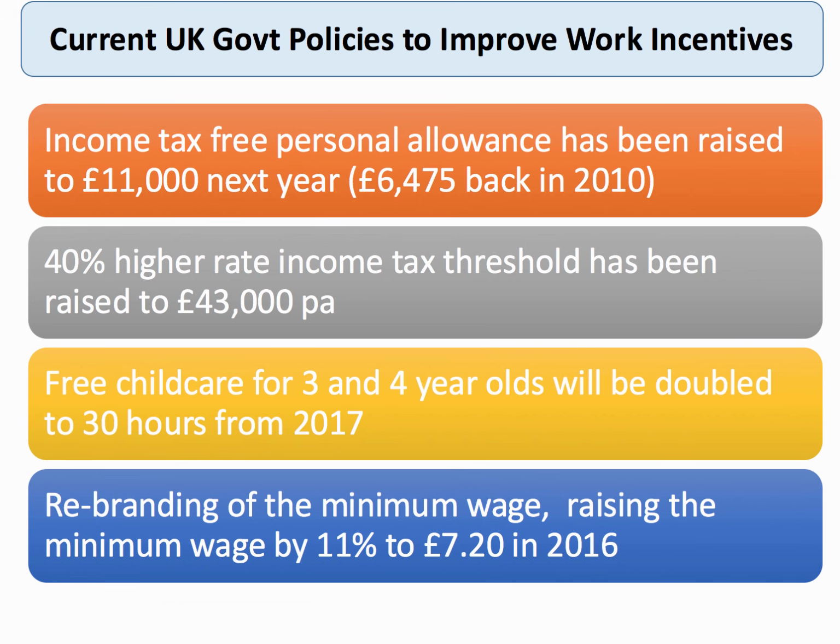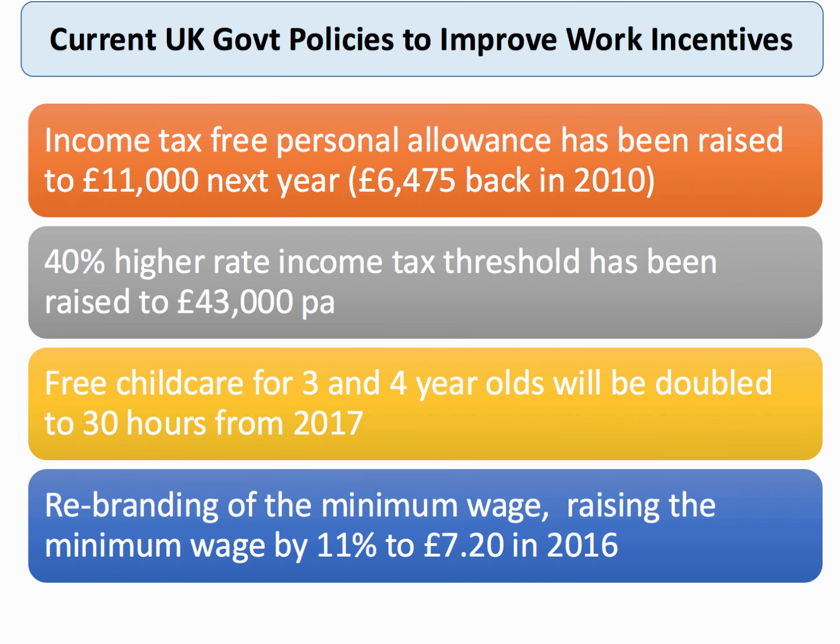UK government has a range of policies designed to try and improve work incentives. One of the aims of supply side policies is to increase the active labour supply. So they have increased the income tax personal allowance to £11,000. I think it raises a bit further, even to £11,600 in 2017. They've increased the higher rate income tax threshold. Crucially, they've increased the amount of free childcare for 3 and 4 year olds from 2017.